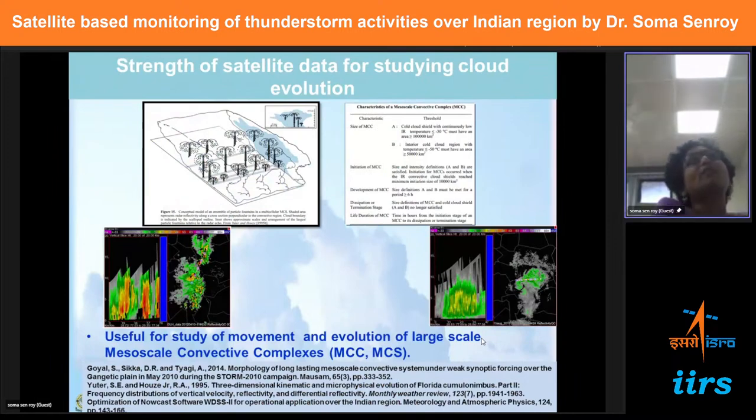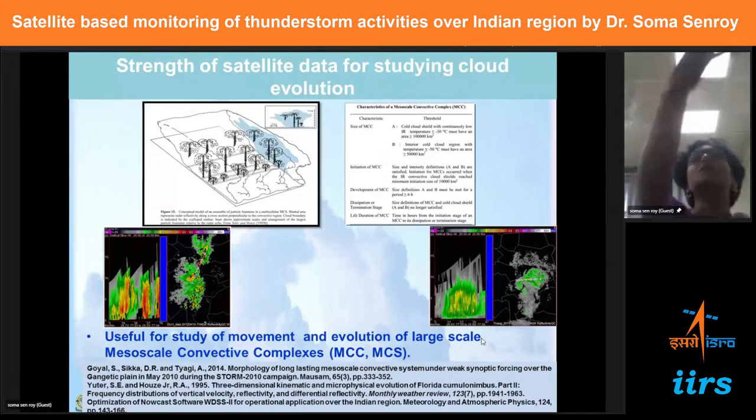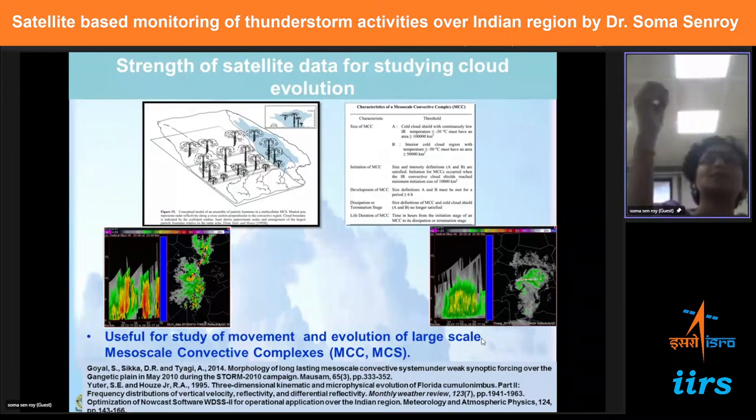So when you're talking of satellite measurement of cloud top brightness temperature, it is basically measuring, if you see a cloud, it comprises something like pistons, like they're putting out moisture in the upper atmosphere, multiple pistons, multiple small cells within a large convective zone.